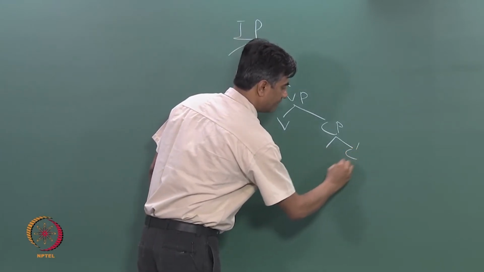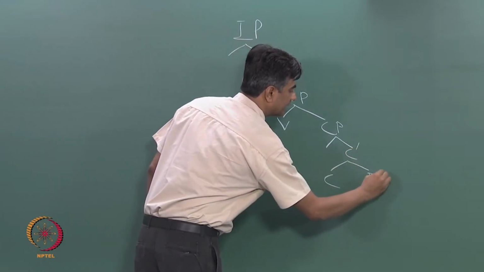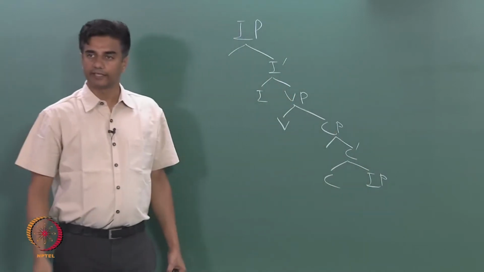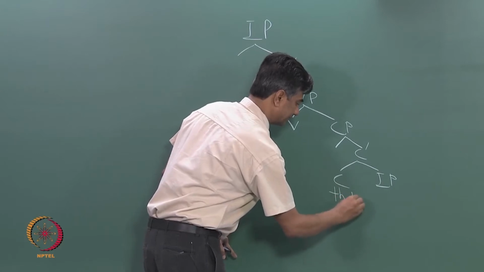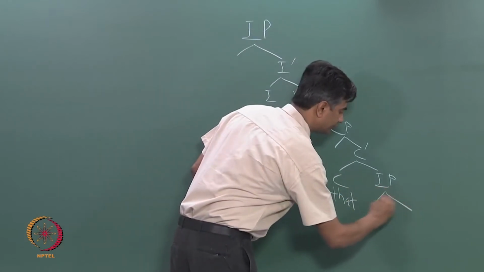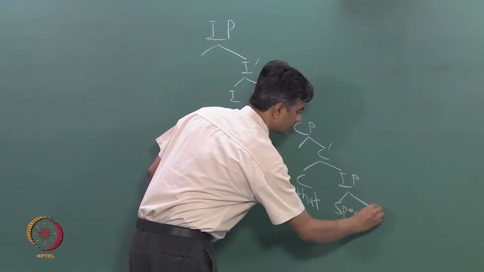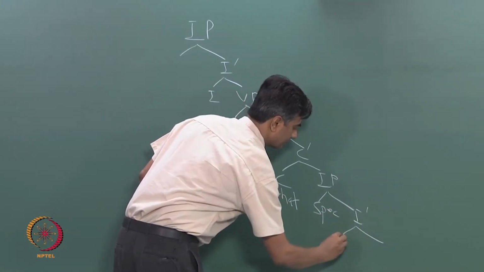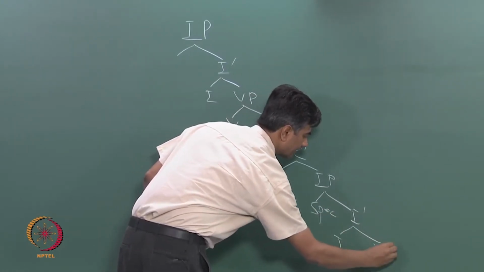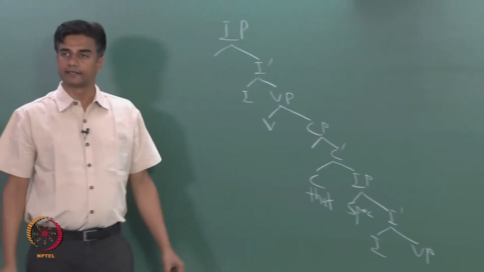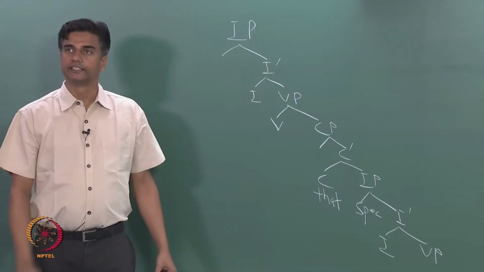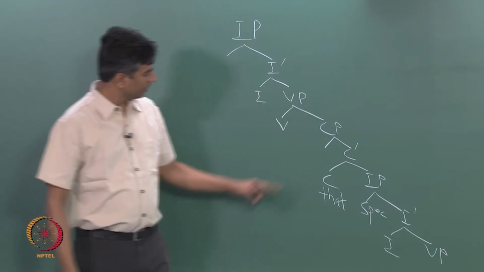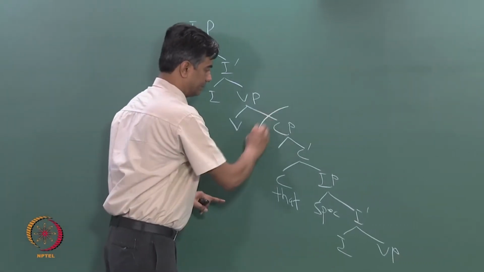So we have a C bar, C, and then an IP. Right? Here we have our that. And then we have this, the structure that we are dealing with. This is what we have on the screen, right? I'm talking about, in particular, this CP.